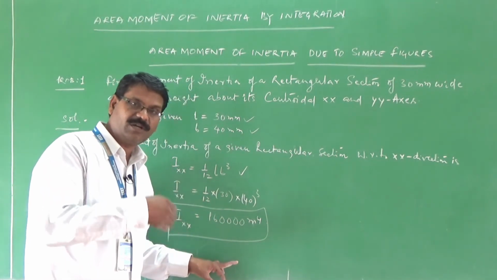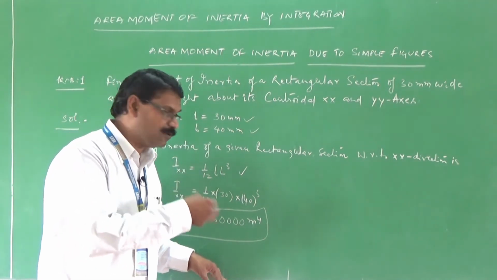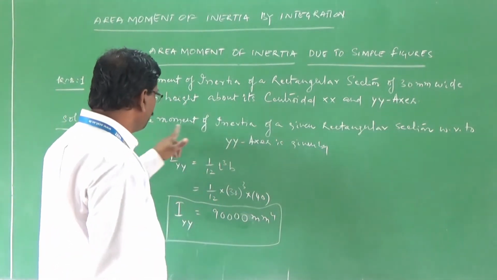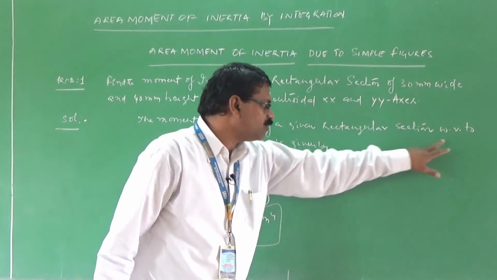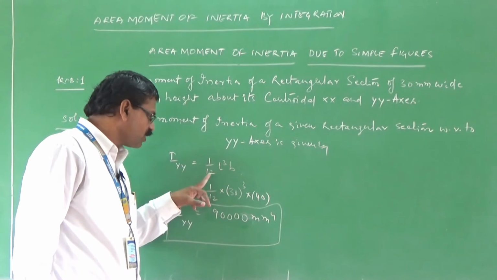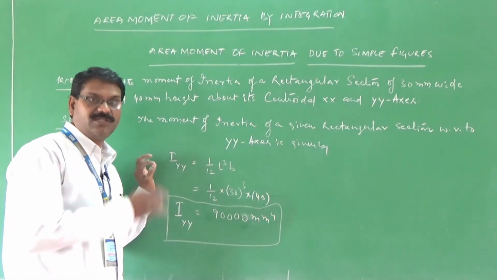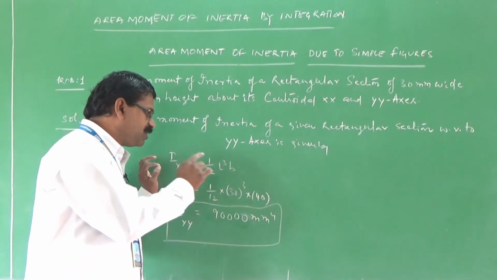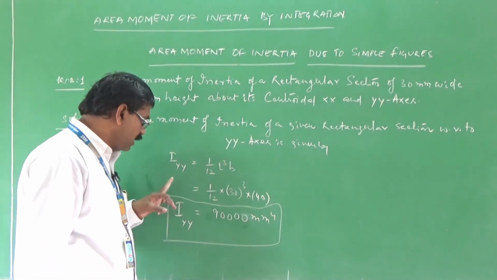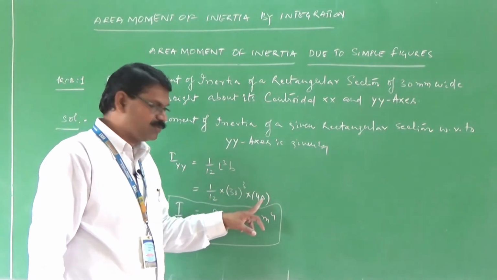Similarly, we are going to find the moment of inertia of the rectangular section with respect to yy direction, that we will see now. The second parameter, which is the moment of inertia of the given rectangular section with respect to yy axis, is given by Iy is equal to 1 by 12 L cube B. Again, as we know the given values, L is equal to 30 millimeters and B is equal to 40 millimeters, substitute in this formula, we will get Iy is equal to 1 by 12 into 30 whole cube into 40.